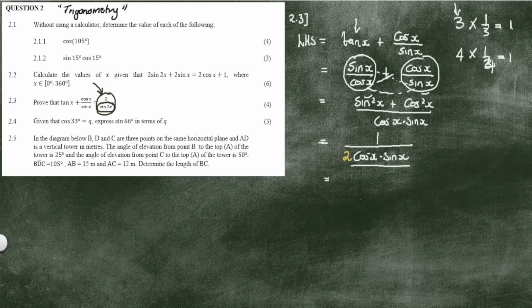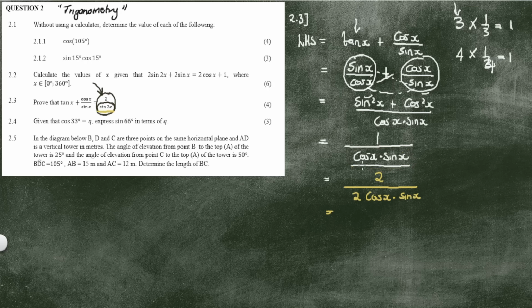Okay, let me just do this. I will put the 2, and say divide by 2 cos x multiplied by sine x. 2 over 2 is 1. I'm writing the 2. Why do I want the 2? It's because I want to change this to be an identity of sine 2x.